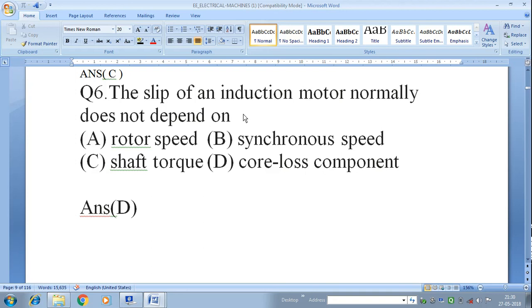It depends upon rotor speed, because rotor speed is N, and synchronous speed is Ns.